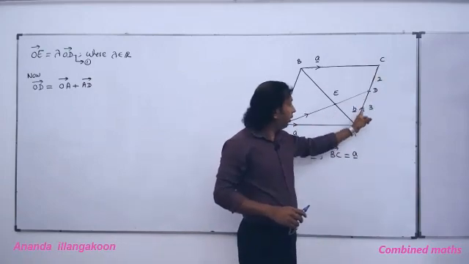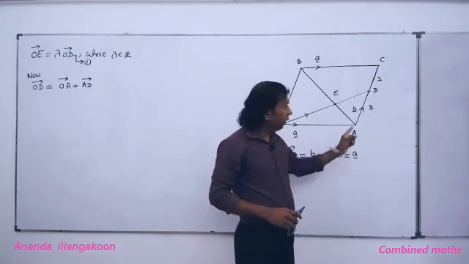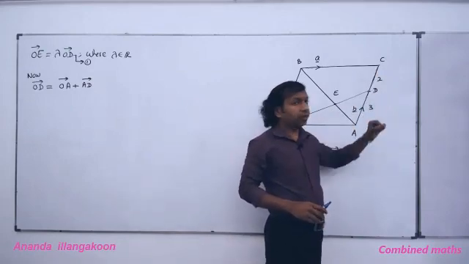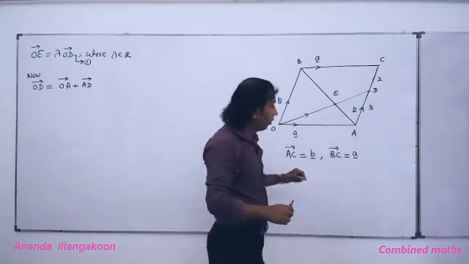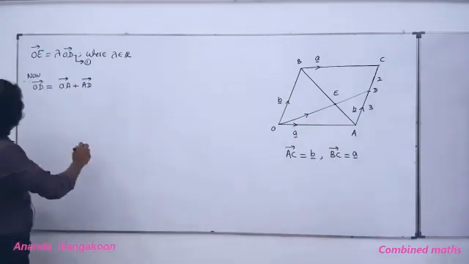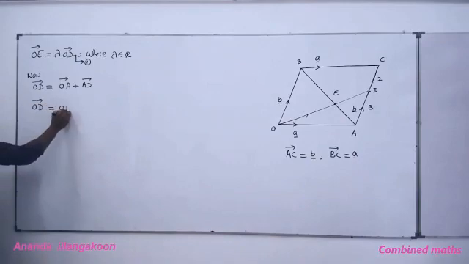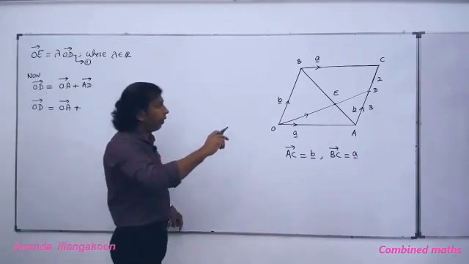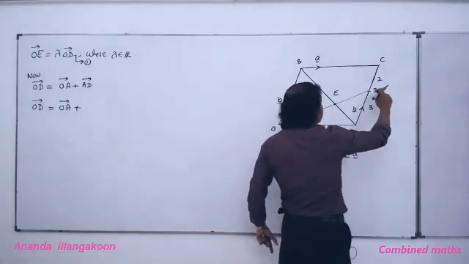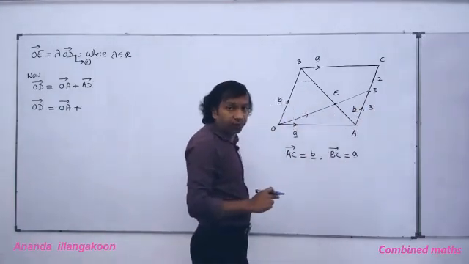I need to write the AD vector in terms of the AC vector. How? OA plus this AD vector. Here, first add these ratio figures: 3 plus 2 is 5.